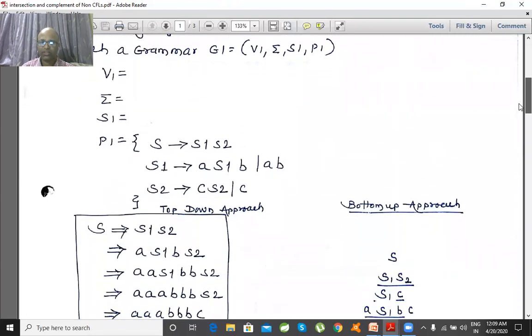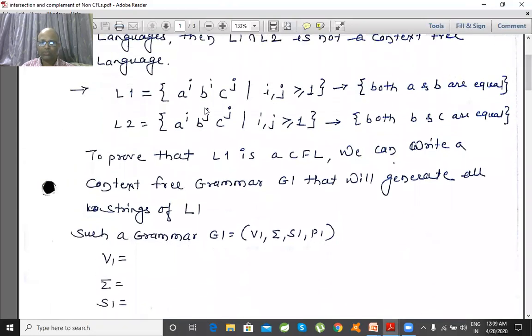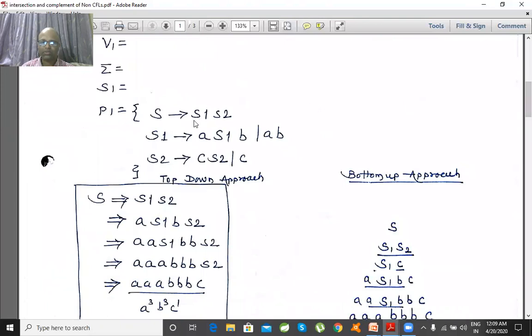satisfies this condition. For the first one, I need a and b equal and the number of c's to be generated. Here S1 makes sure that a and b remain the same. Even when we derive S1, it will always have one a corresponding to one b.